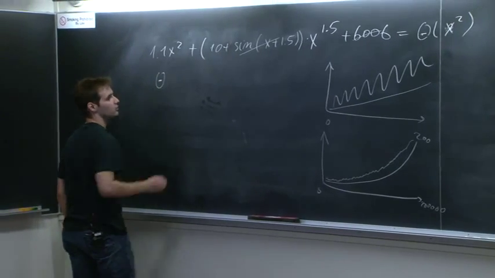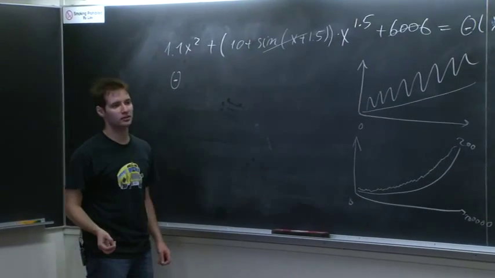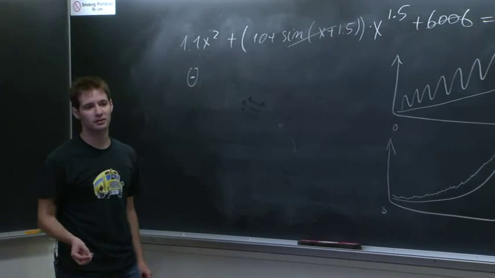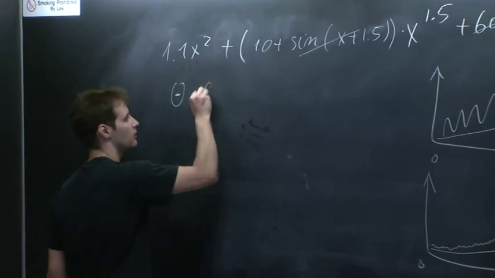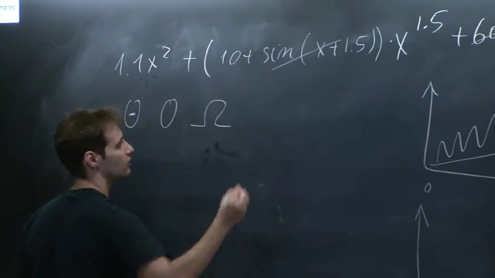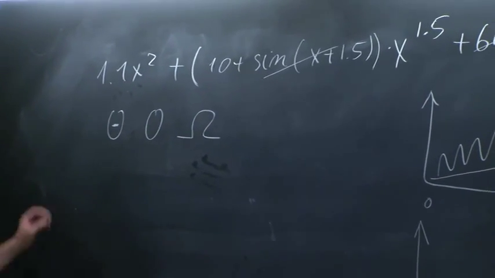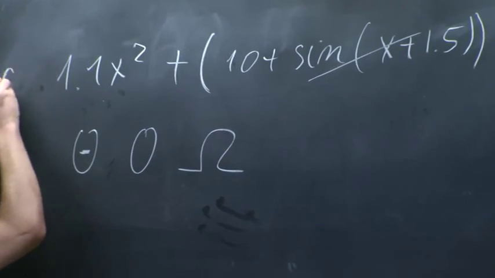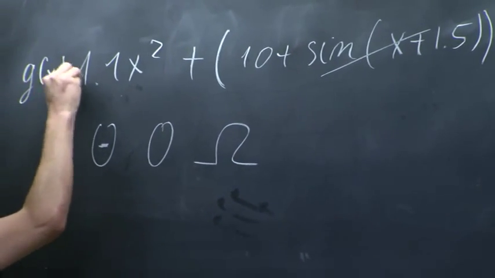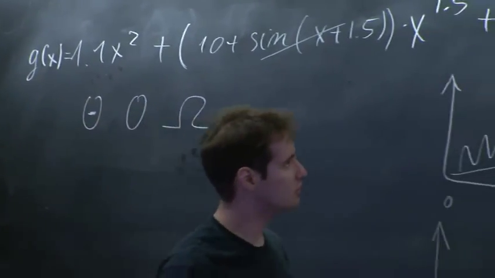We learned about three symbols, or we will learn about three symbols when talking about asymptotic complexity. The three symbols are theta, O, and omega. Let's say this complicated function is g, and this nice simple function is f.